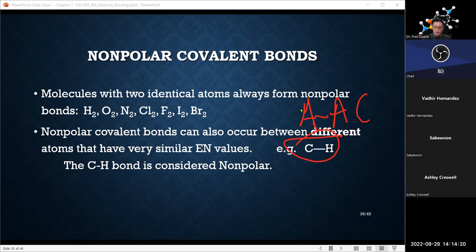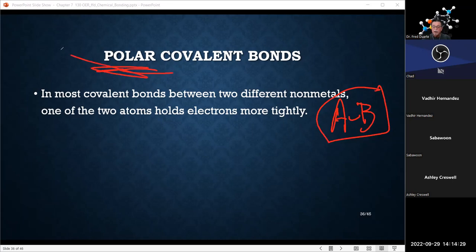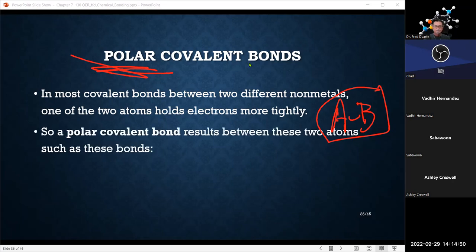And so when you see an example where you've got A bonded to B, then automatically think polar bonds, because those 2 different elements will have different electronegativity values, which results in one of them pulling the electrons onto itself with much greater force than the other, resulting in a polar bond.